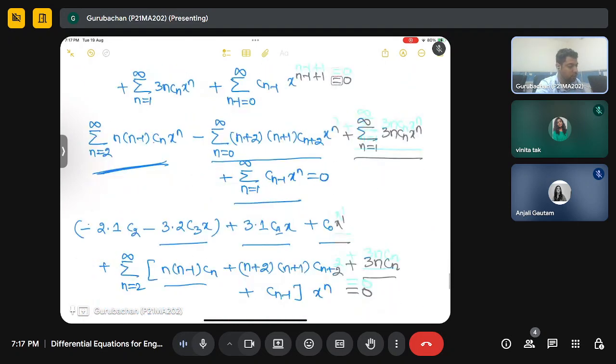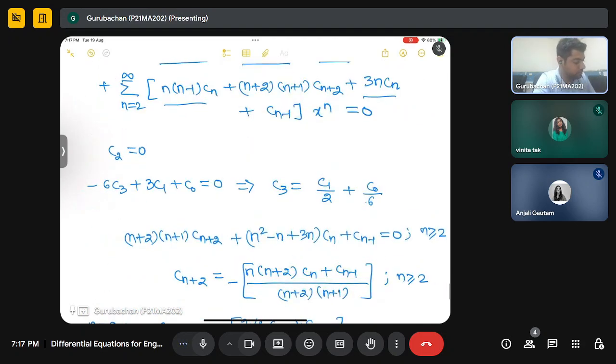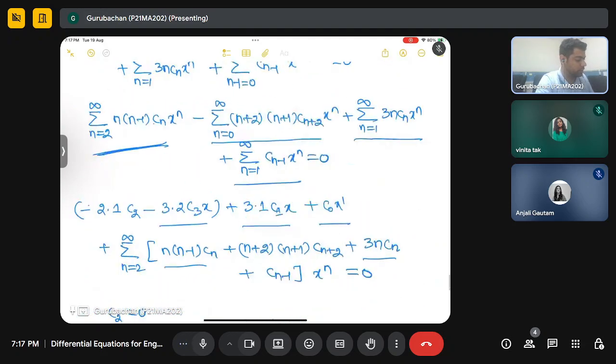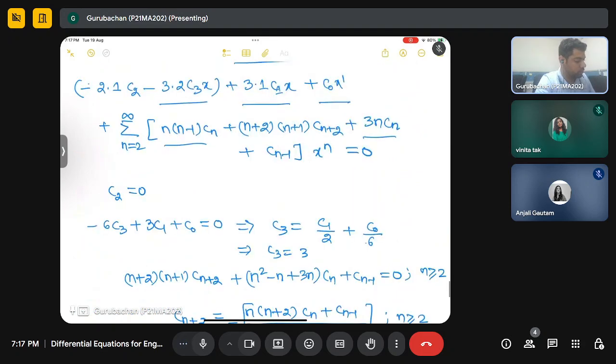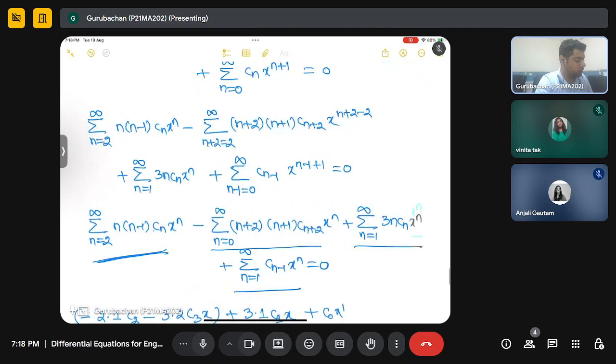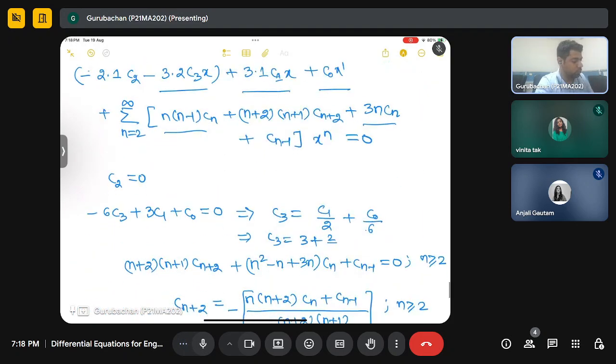So from this value, you can also say your C3 is, since C1 was 6, it will give you 3 plus, and C naught is 4, so this will be 4 by 6, that is 2 by 3, 11 by 3.